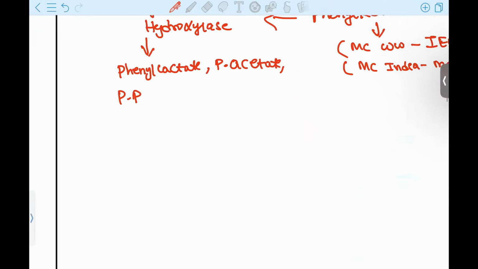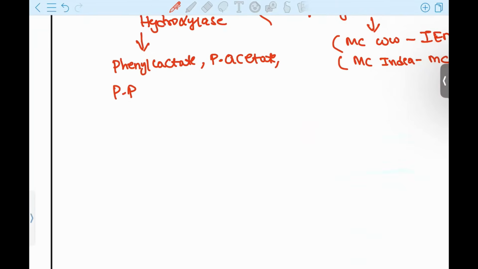So these three products will cause mental retardation. Severe mental retardation is presented, and also limb spasticity. So the patient will have limb spasticity.